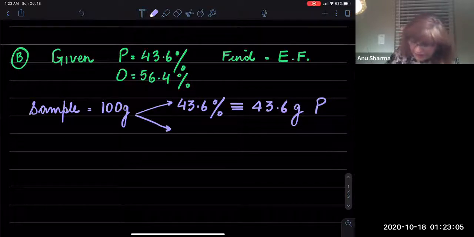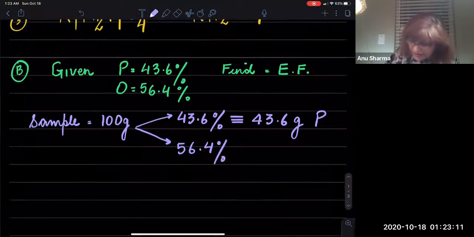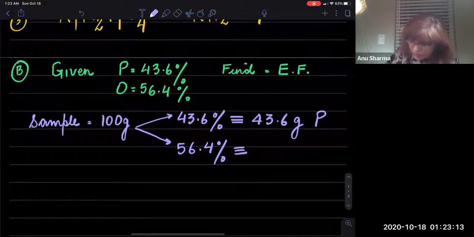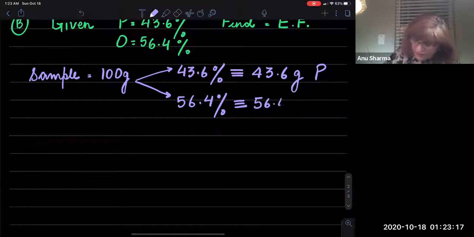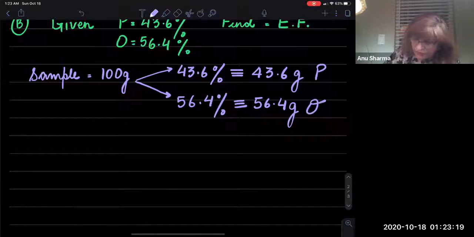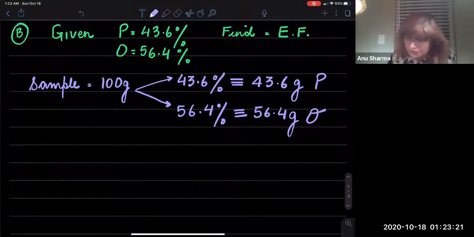And this 100-gram sample contains 56.4% oxygen, which is equivalent to 56.4 grams of oxygen. All right.